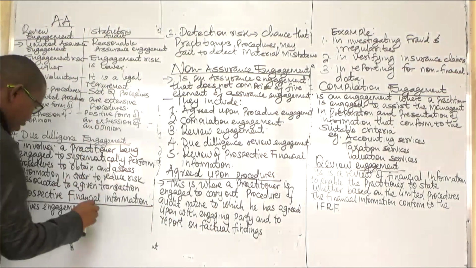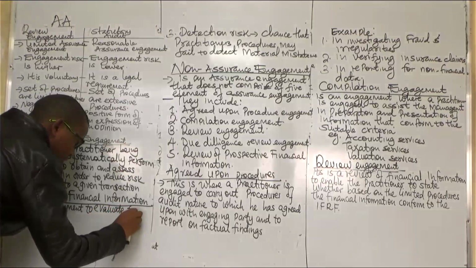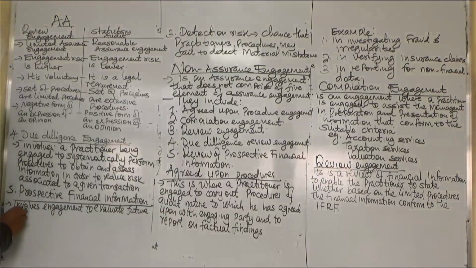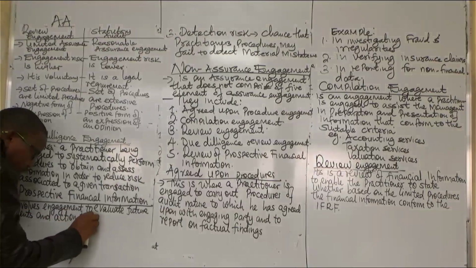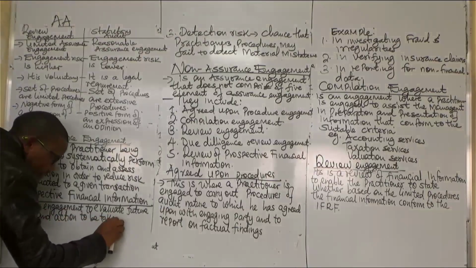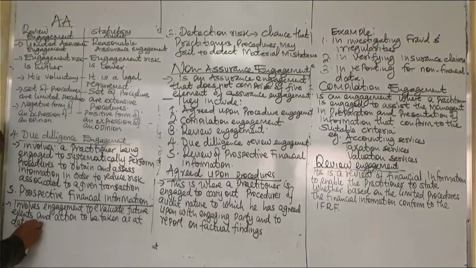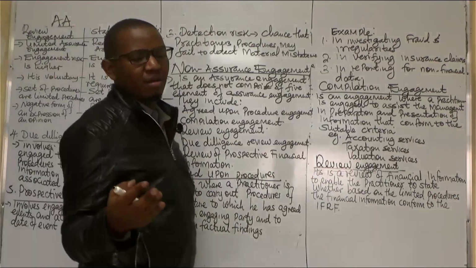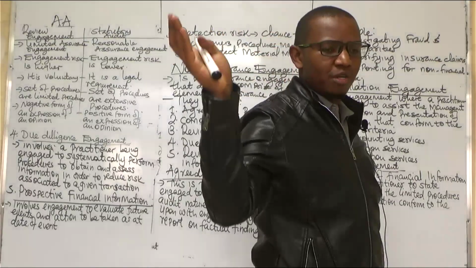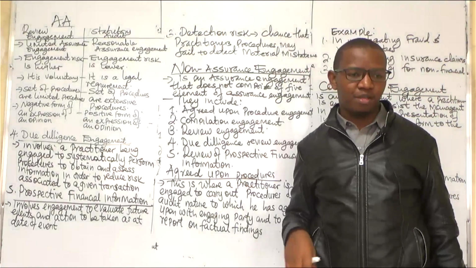It involves an engagement to evaluate future events and actions to be taken as at the date of the event. These are like people who tell you there are some things that will happen in 5 years to come, so you may be engaged to review such things.